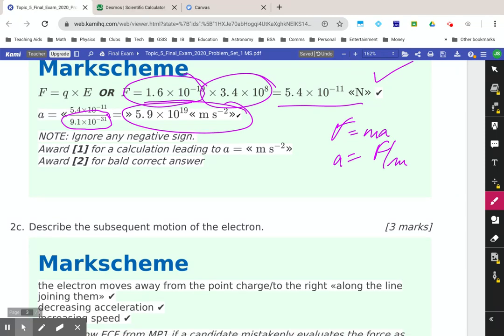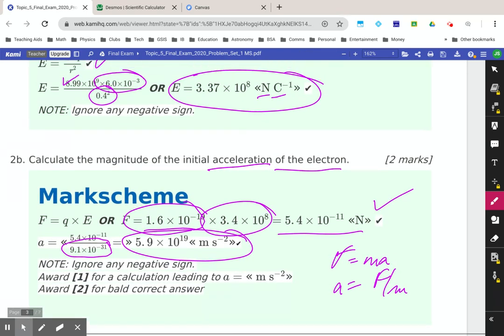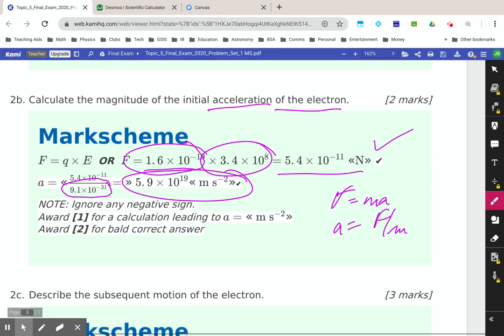We know that at a certain distance there's a certain force, and we calculated it up here. This is the force when the electron is 0.4 meters away from the charge of 6 millicoulombs. It's going to move away, and as it moves away, of course, that force is going to get less.